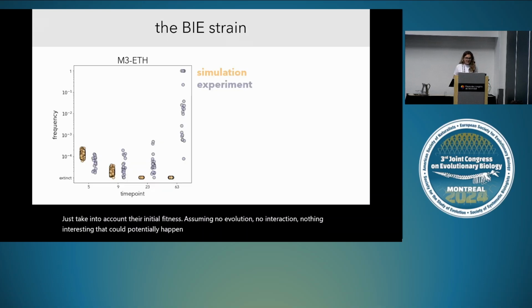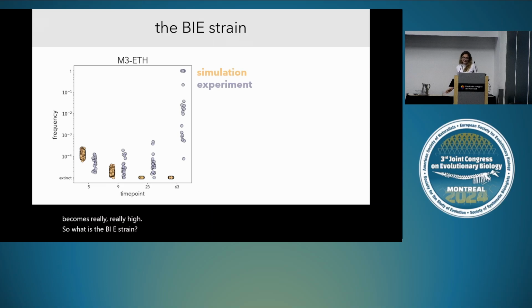And what we saw in our simulation is that in 1,000 times of the simulation, this BIE strain dies out, goes extinct every single time. But in reality, it does not go extinct in any of the replicates, and instead, sometimes it becomes really, really high.